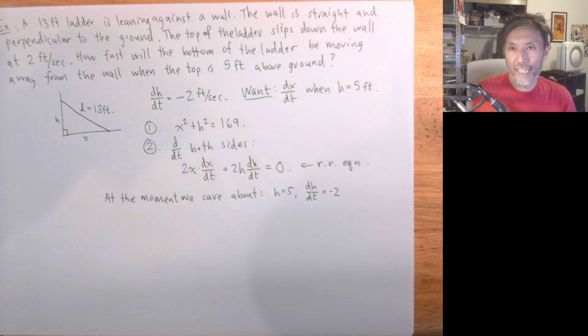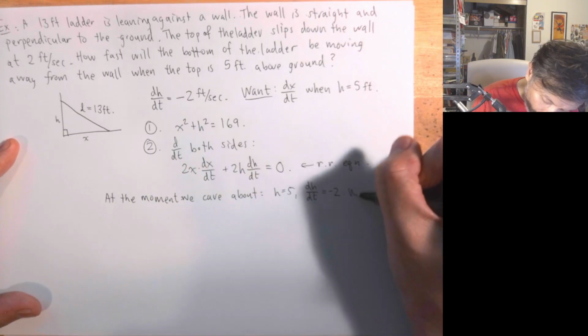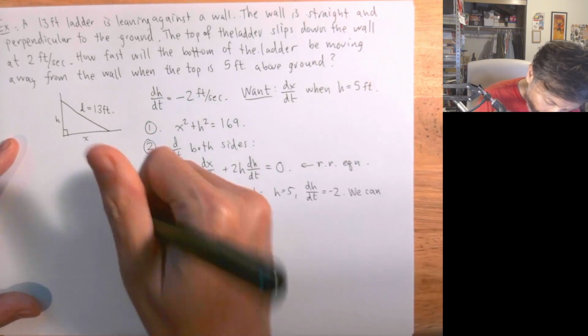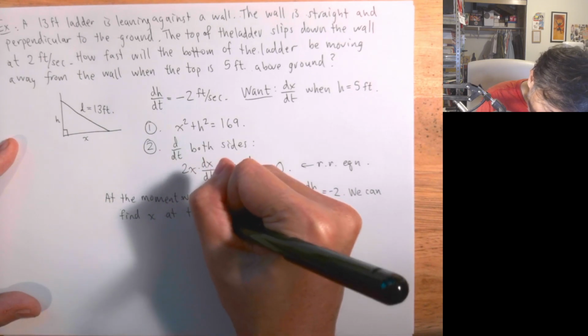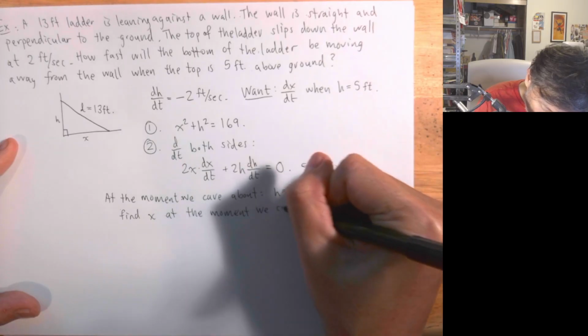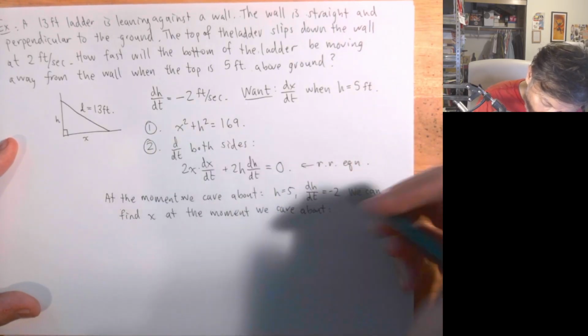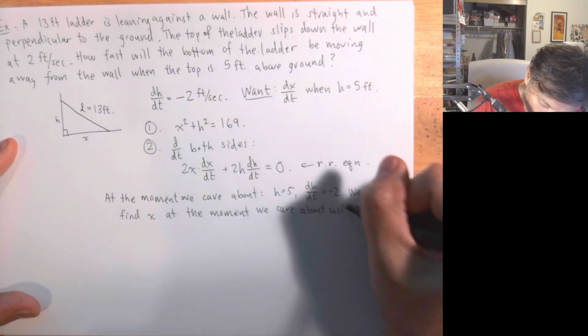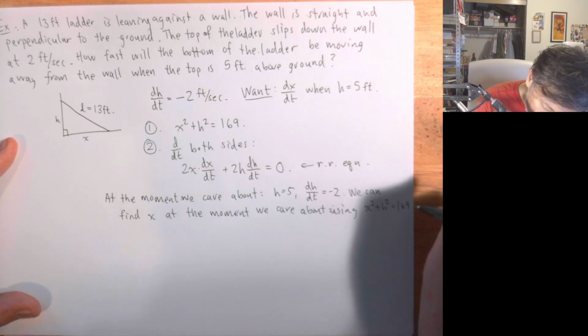We need to know x at the moment we care about, but we can obtain that by solving this equation, x squared plus h squared equals 169.